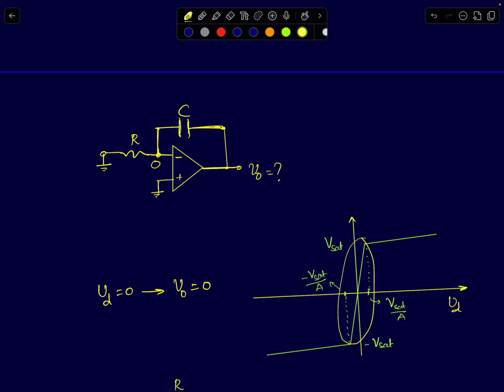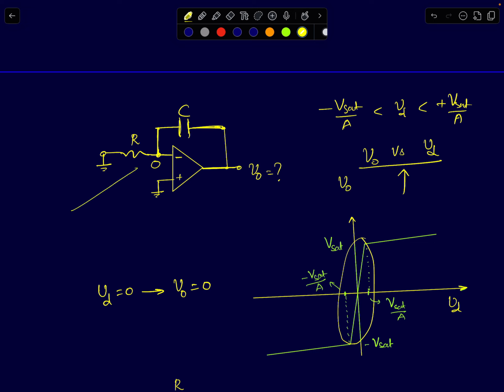The graph, V naught versus V differential, has a unique one-to-one mapping between the voltages. That is, for every value of Vd between minus Vsat by A to plus Vsat by A, the output voltage has a unique correspondence.